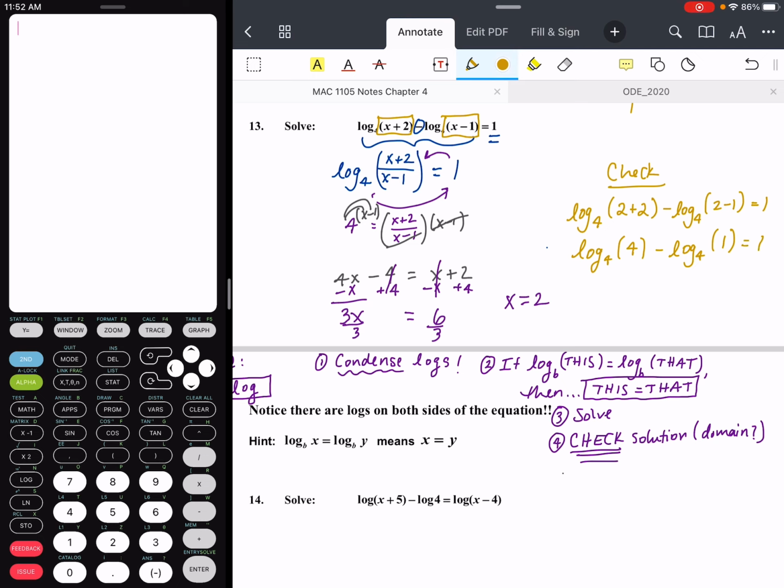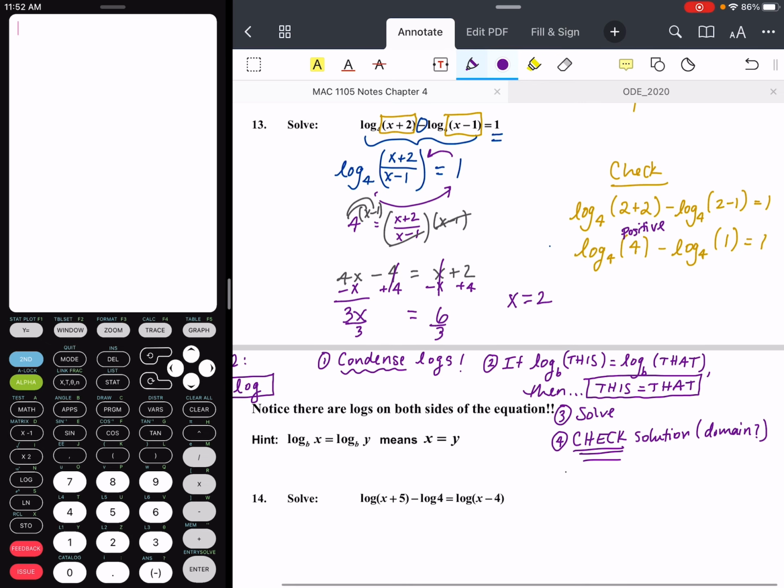And remember, we can check the whole equation if we want, but all that we care about is that 4 is positive, the thing we're taking the log of is positive, and 1 is positive. The argument, the thing we're taking the log of, is positive. So that means our solution works.